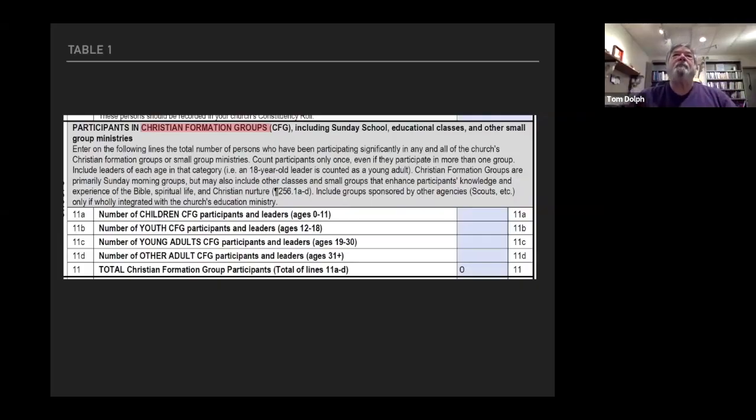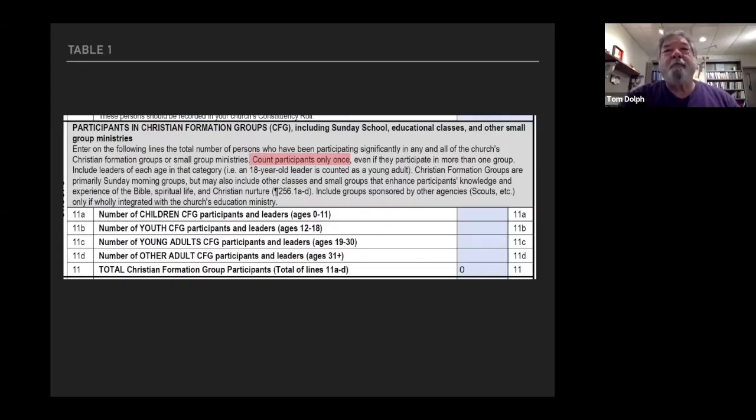And that is what they're asking for in this particular section. Note that you count participants only once. So this would be a cumulative total of how many unique individuals attended a Sunday school class over the course of the entire year.